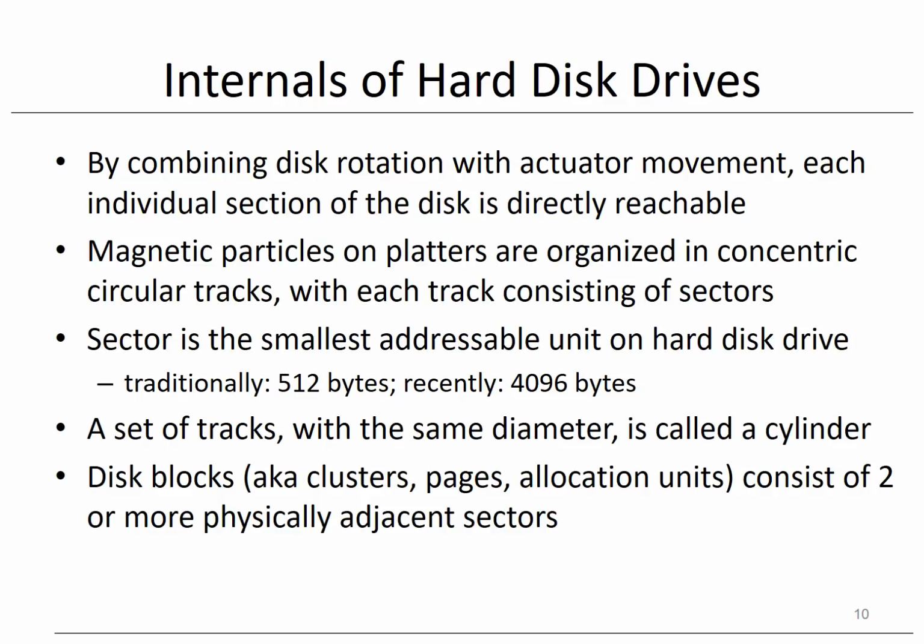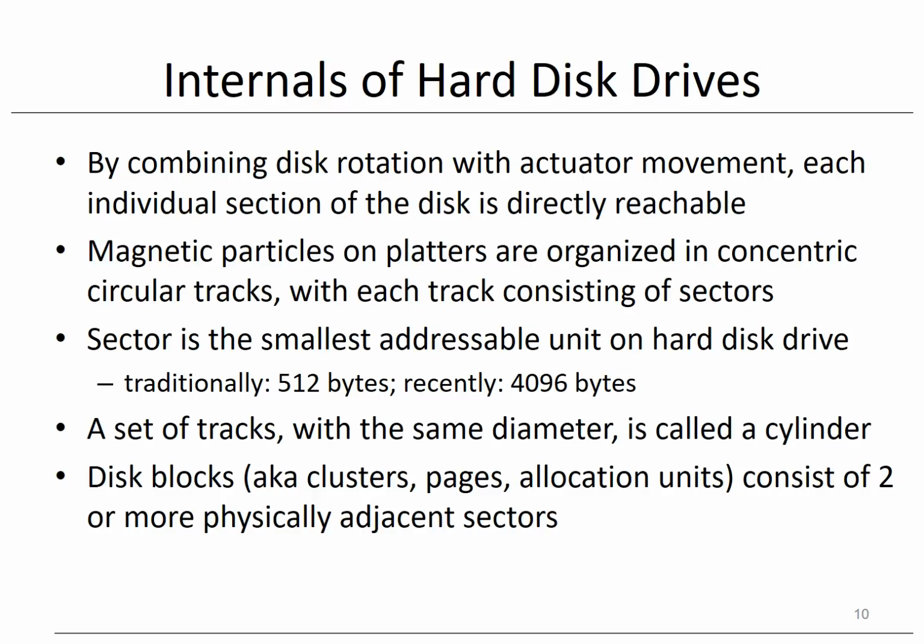The magnetic particles on the platters are organized in concentric circular tracks, with each track consisting of individual sectors. The sector is the smallest addressable unit on a hard disk drive. Traditionally, the standard sector size was 512 bytes, but many more recent HDDs have sector sizes of up to 4,096 bytes.